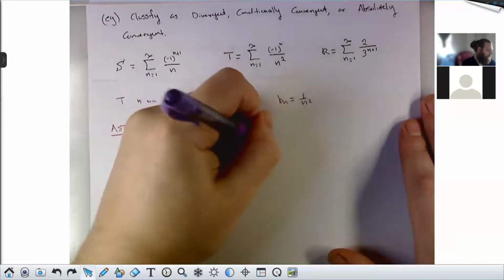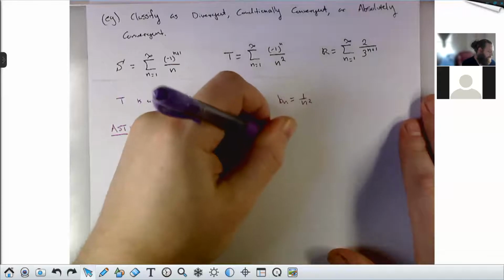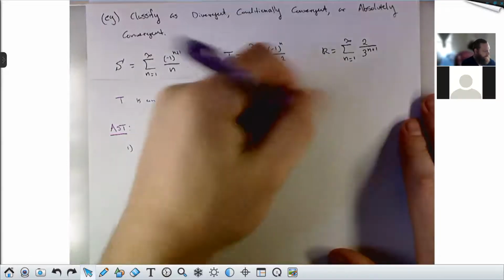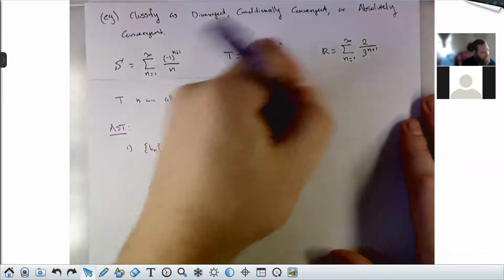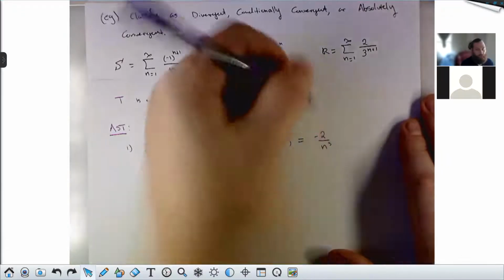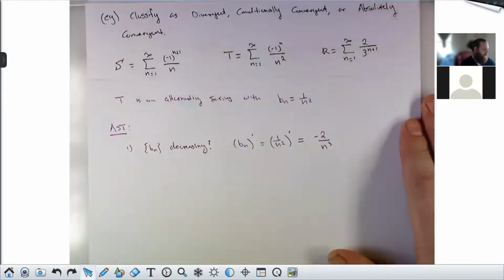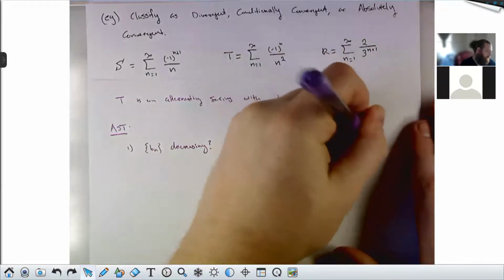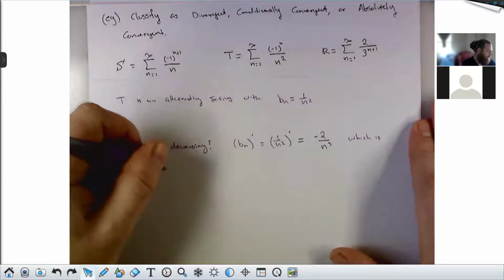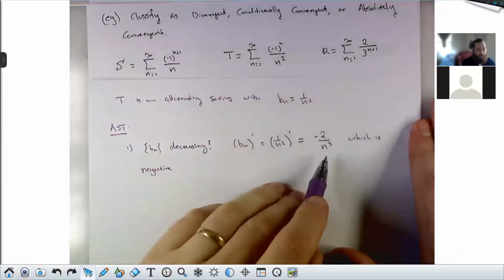Bn prime is the derivative of 1 over n squared, which is -2 times n to the -3, or -2 over n cubed. And this is negative. Right, the top is negative, the bottom is positive.